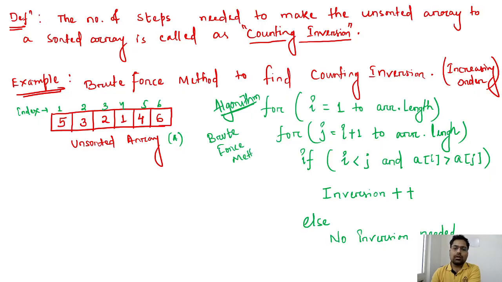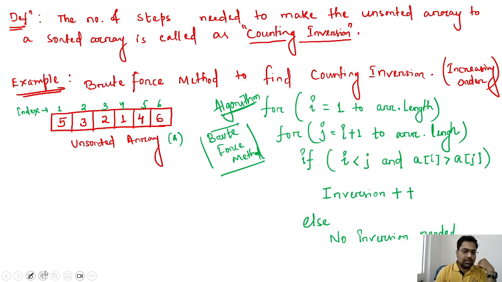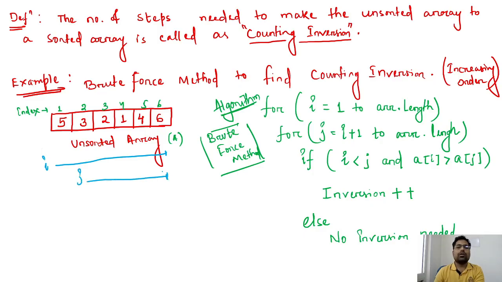It means we do not have any special approach; we simply check how many steps are needed. Suppose you start i from this end to 6. We start j from i plus 1, and we have to check whether i is less than j or not.